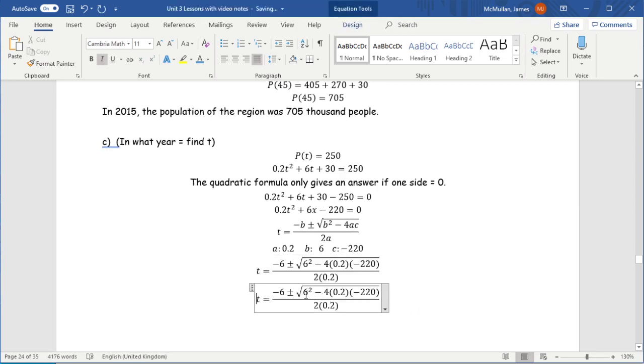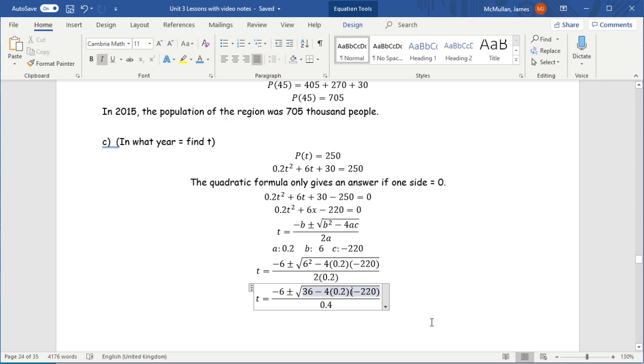So I get, let's see, 6 squared is 36. On the bottom, 2 times 0.2 is 0.4. In here, okay, so I have 0.2 times 220, which is 44.